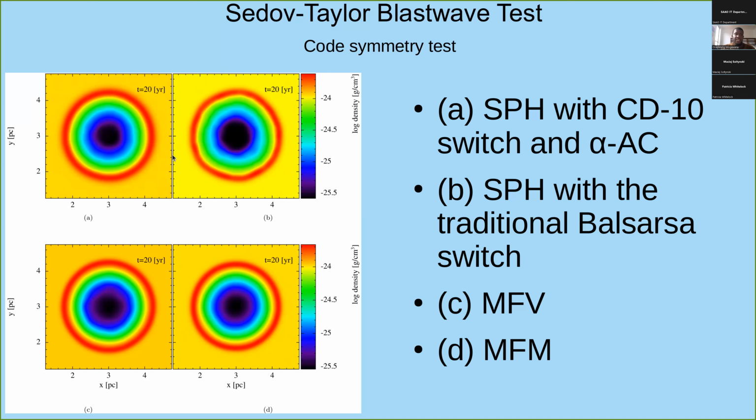You can see that when we're using the SPH with artificial conductivity and artificial viscosity, you have a slightly symmetric expansion. Then you come to B, where we're using the traditional Balsara switch, the one that had better shock jump densities. It's actually a little bit asymmetric, and the shock is not as smooth as you expect it to be.